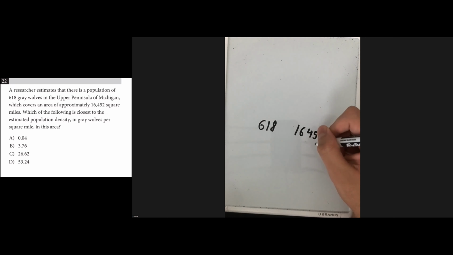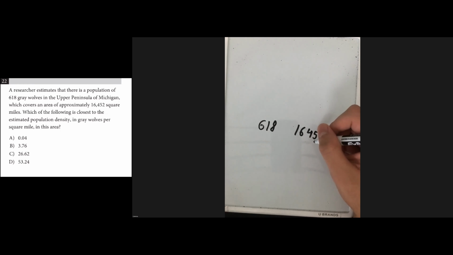Okay, so for this one, we're given that there are 618 gray wolves, and it covers an area of approximately 16,452 square miles, which of the following is closest to the estimated population density in gray wolves per square mile.